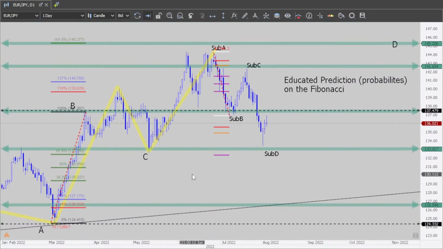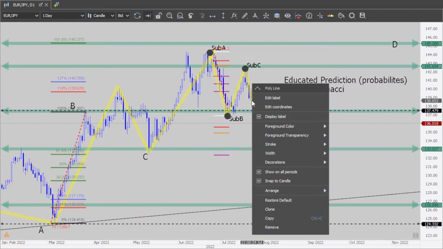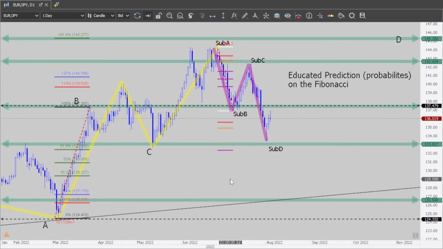Next week, should we buy Euro JPY on the daily chart as a direction, or should we sell? There is no right or wrong, don't be shy. Okay, this is how we learn. What would you say? Next week it's better for us to sell Euro JPY, or it's better for us to buy Euro JPY?